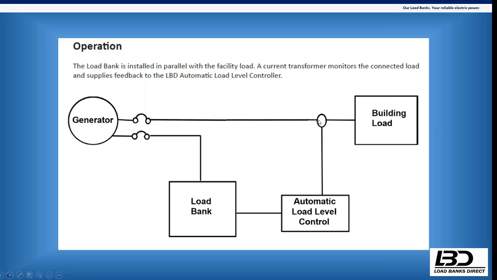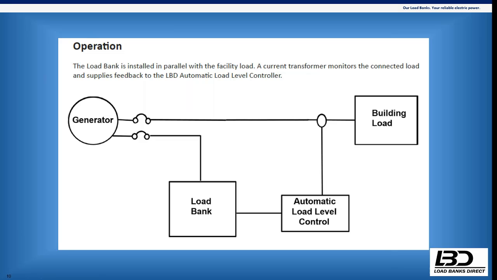So your automatic load leveling is just a control, a current transformer that's basically measuring how many amps the building is drawing, and only the building. It can't be measuring the load bank load, building load only. It takes a measurement there and sends the information back to our load bank.